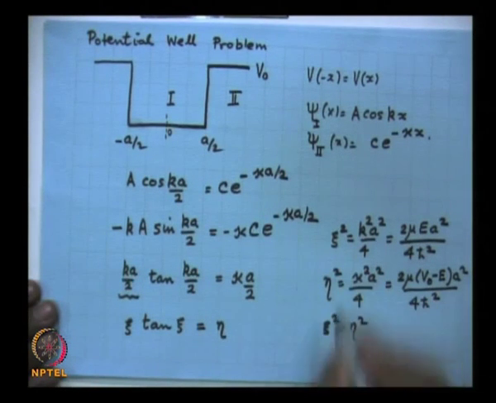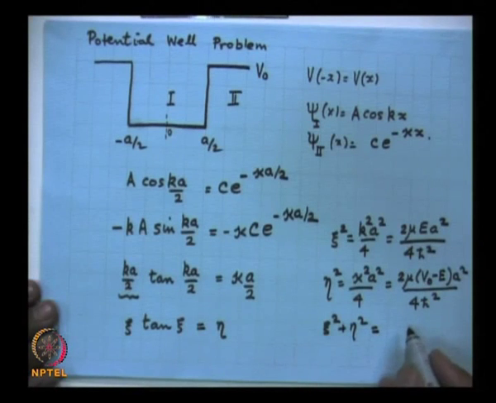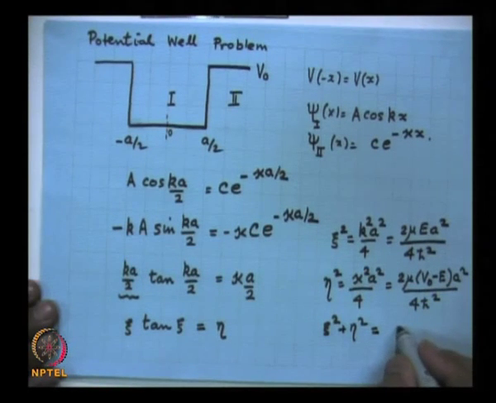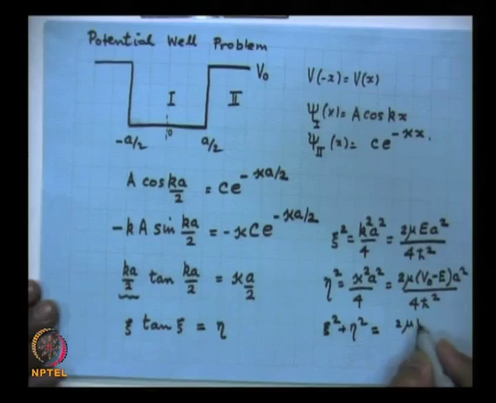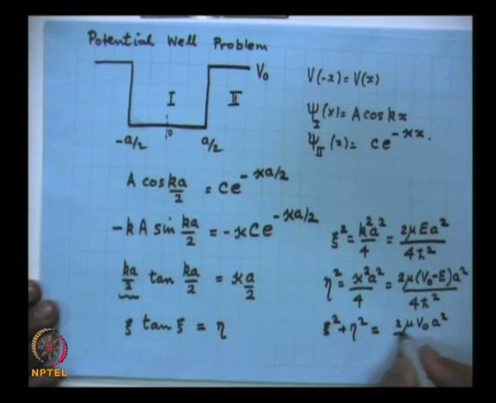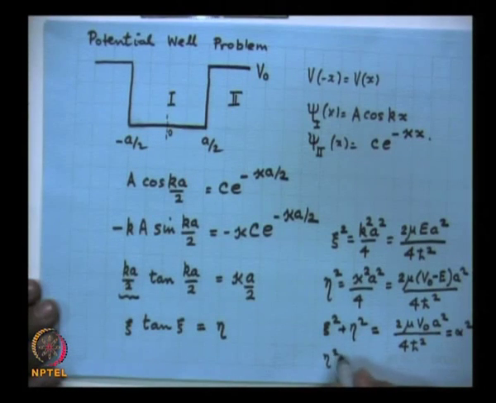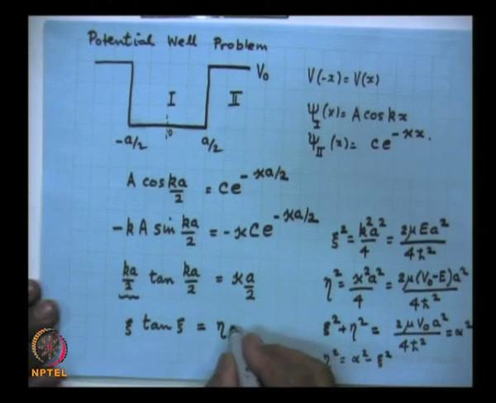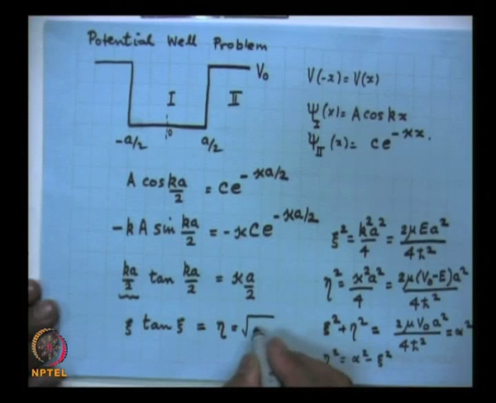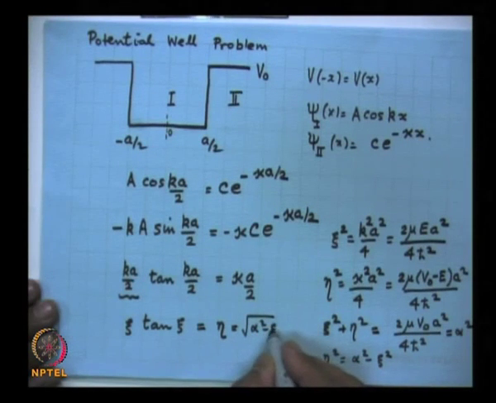If I add these two equations, as we had done last time, the E will cancel out. So, we will get 2 mu V0 a square by 4 h cross square, which is a constant. This I put as alpha square. So, then eta square is equal to alpha square minus xi square, and therefore, eta will be equal to the square root of alpha square minus xi square.